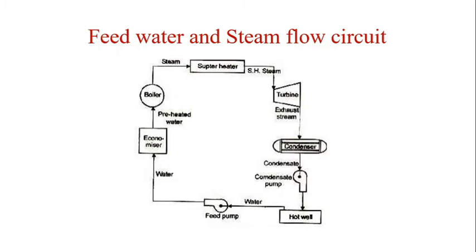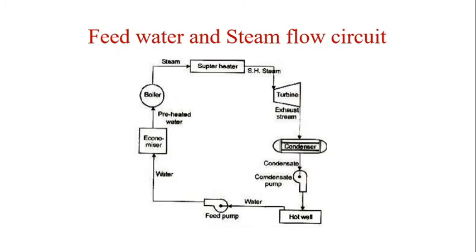After expanding in the high pressure turbine, steam is taken to the reheat boiler and brought to its original dryness or superheat before being passed on to the low pressure turbine. From there, it is exhausted through the condenser into the hot well.